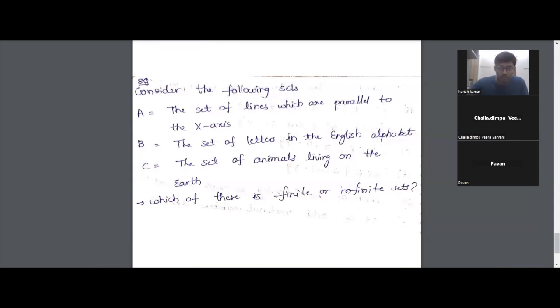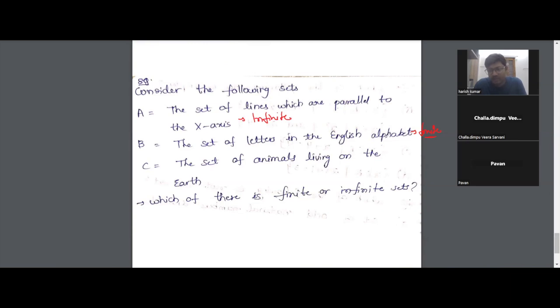Okay, so the set of lines which are parallel to the x-axis is clearly infinite, uncountable, because we can keep on drawing them. The set of letters in the English alphabet is finite, 26. What about the set of animals living on the earth? Is it a finite or infinite set? Infinite. Why infinite? The animal population keeps increasing, sir.